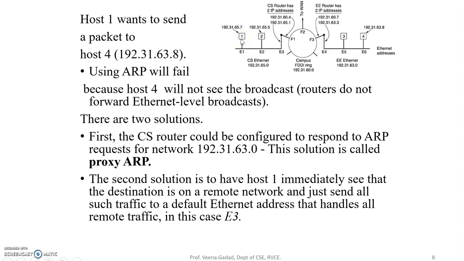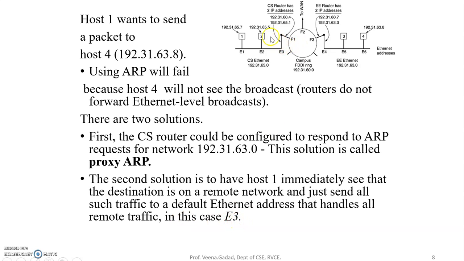What it can do is send the packet to a default router. Now this is basically acting as your proxy. The second solution is to have host 1 immediately see that the destination is on a remote network and send such traffic to a default Ethernet address that handles all the remote traffic. In this case, it is your E3.